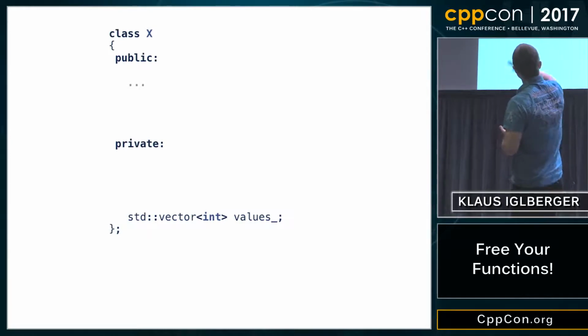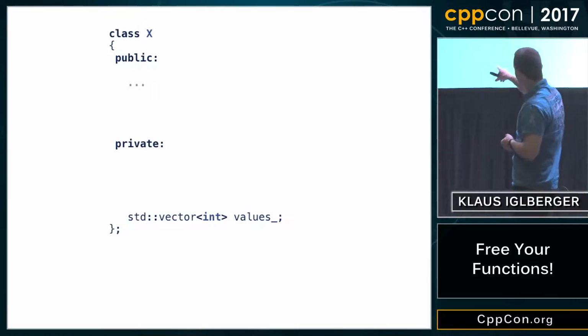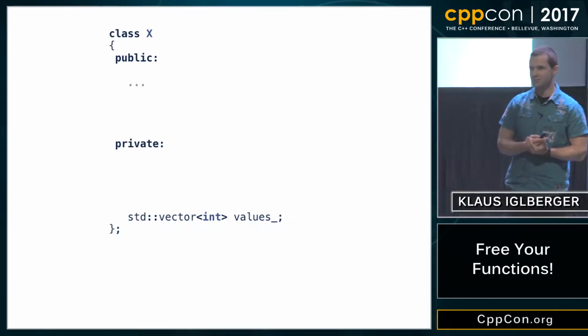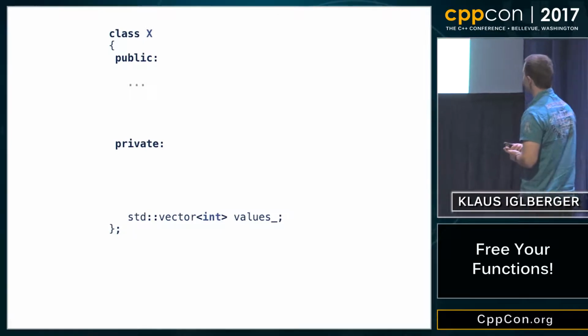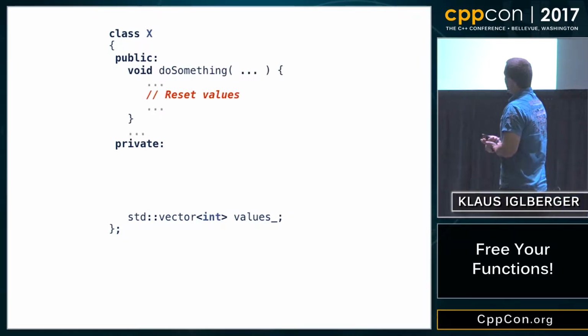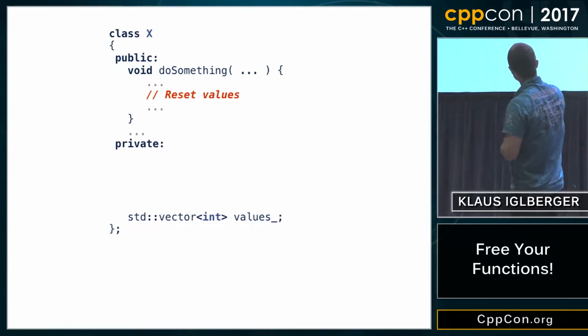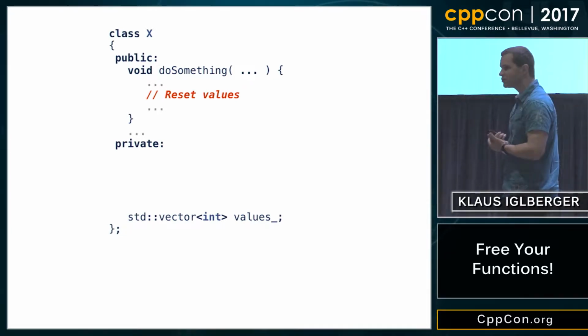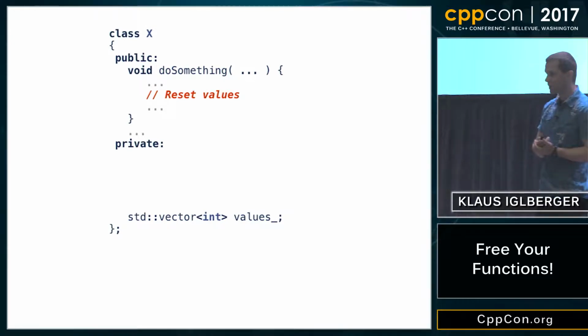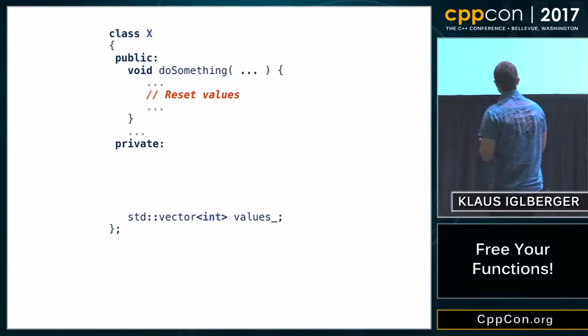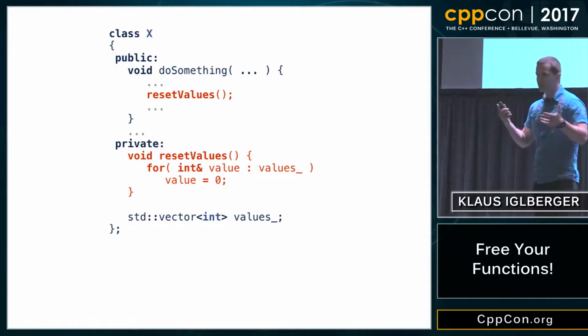Now let's have an example. I have a class X, and this class X has a vector of integers in the private section, of course. And this class needs to do something. The usual do something function. But in this function, one of the first steps is I need to reset the values. All right, how do I do that? I add a member function.